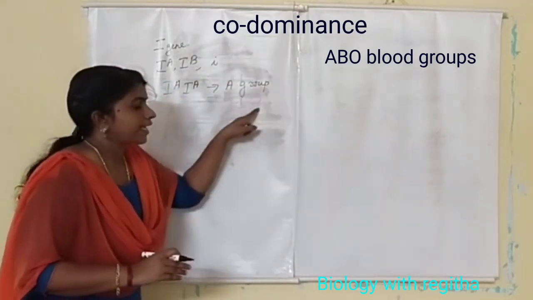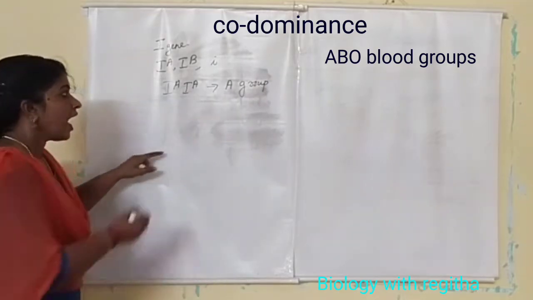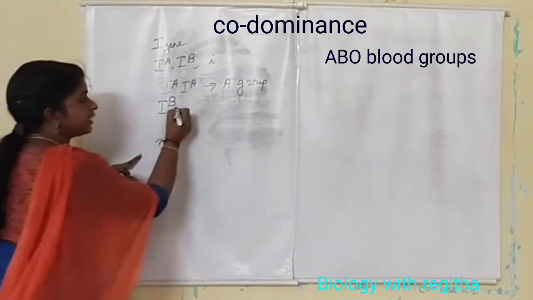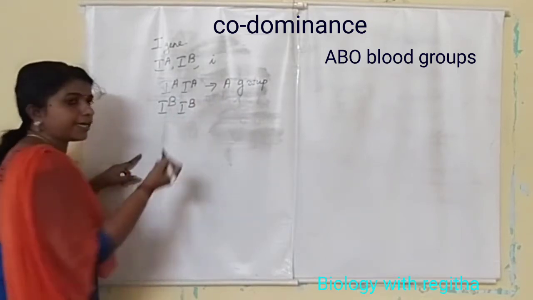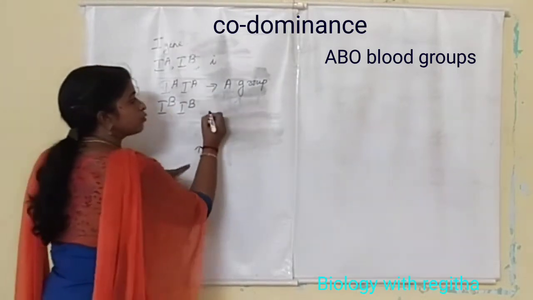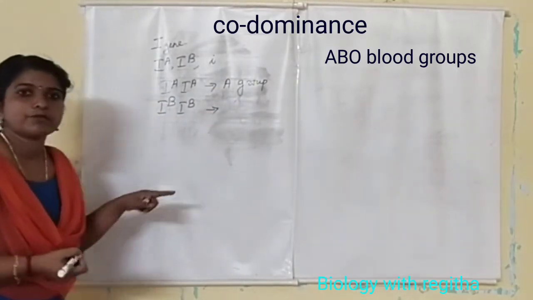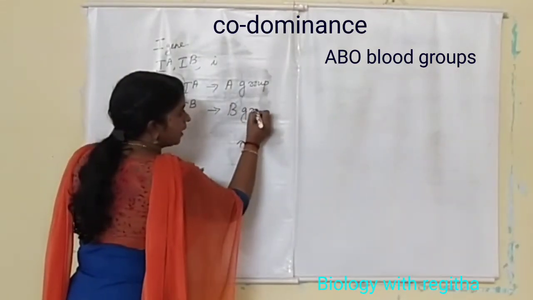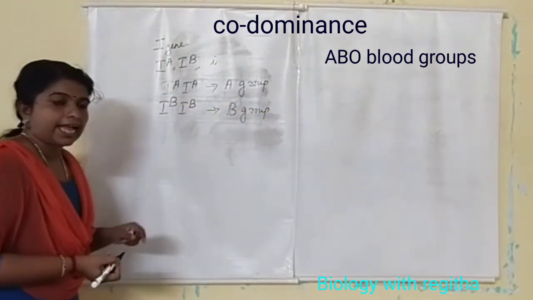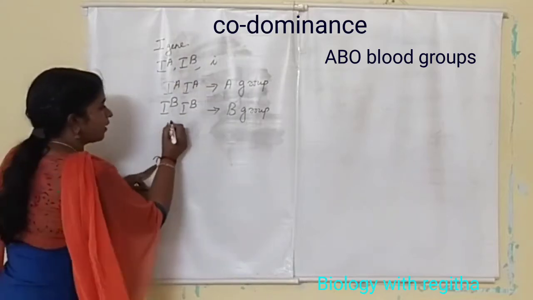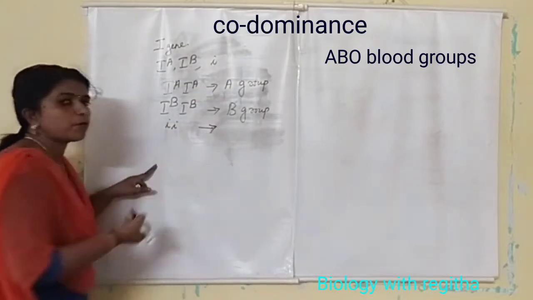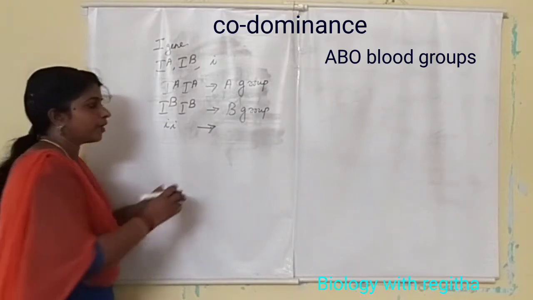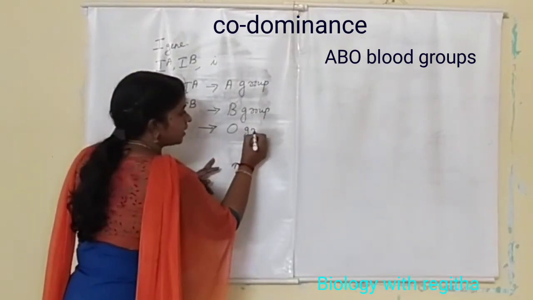And if the allele IB occurs in homozygous condition, it produces another type of sugar polymer, and this blood group is known as the B group. And if small i occurs in homozygous condition, there is no sugar polymer, and that results in O group.